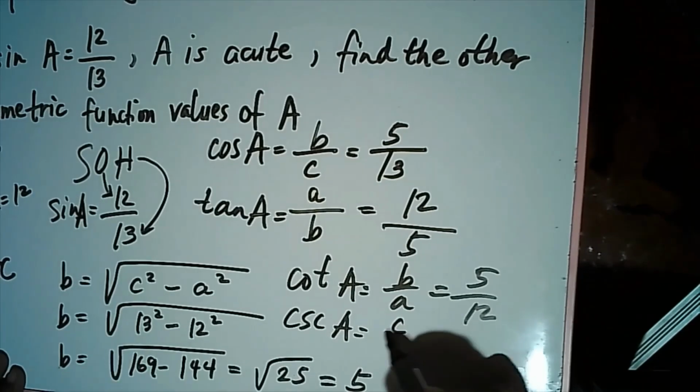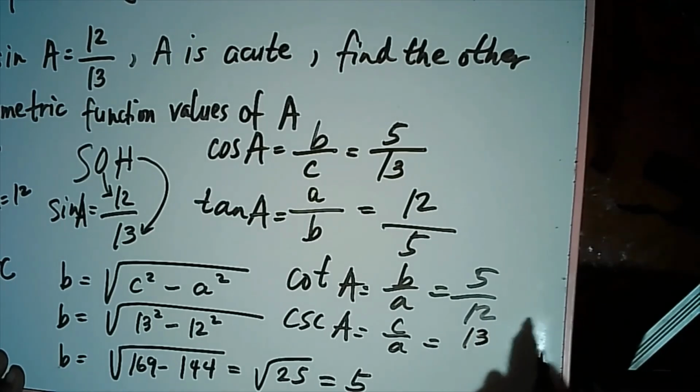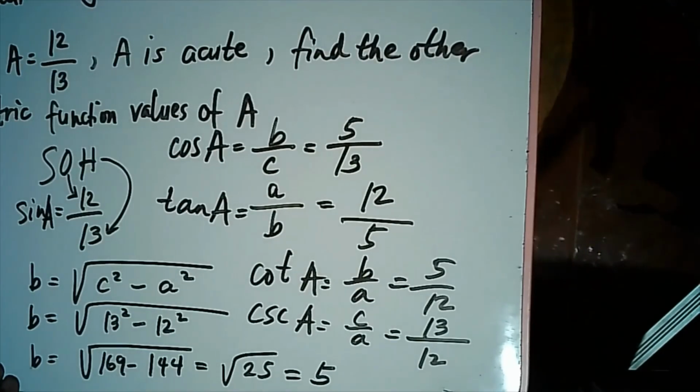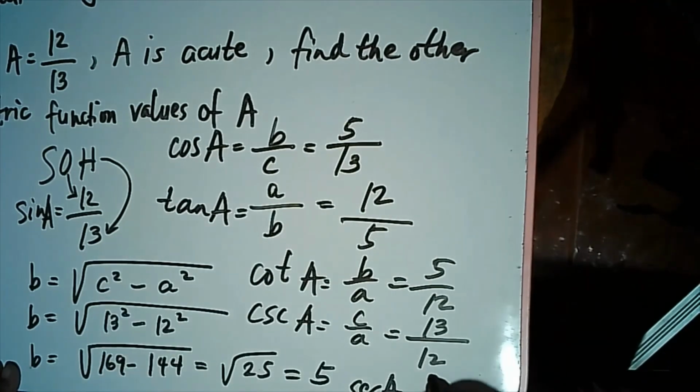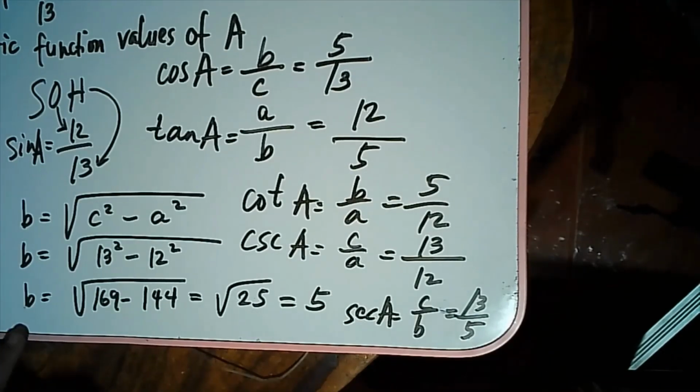So this is c over a. c is 13 over 12. And then last is the secant A, which is the reciprocal of the cosine. So c over b is equal to 13 over 5.